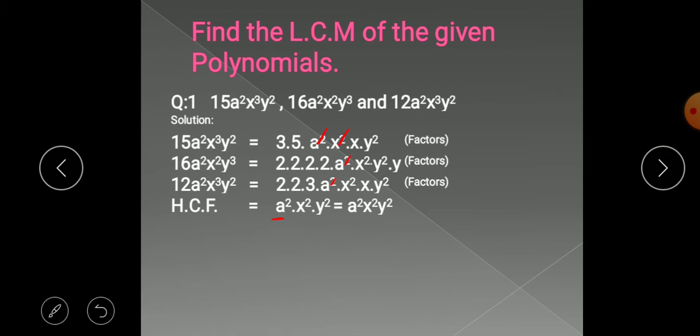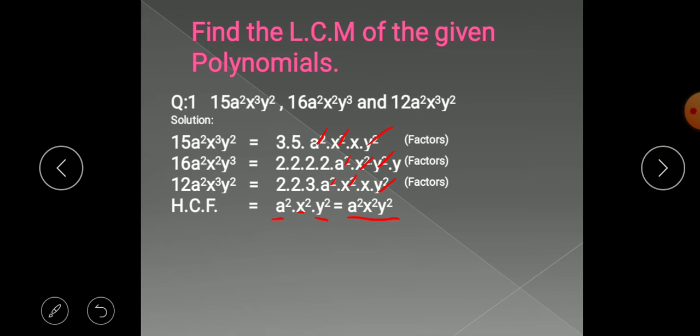Second, x square is common, so we have written x square here. In the third term, y square is common, so we have written it. So the highest common factor is a square, x square, and y square.